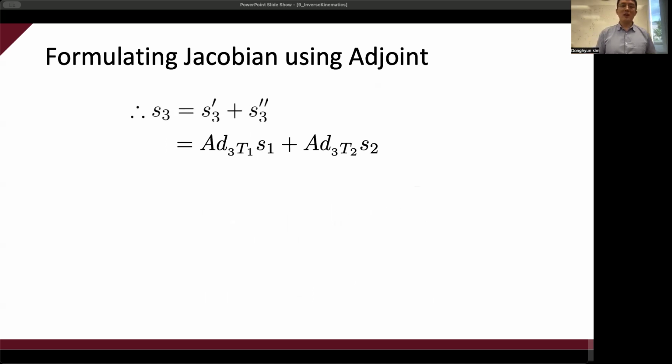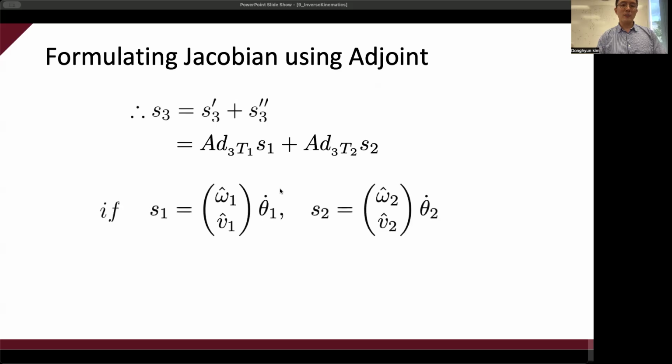Well, now we are almost there. So for the Jacobian, we can use this equation to build it up, because the angular velocity and linear velocity caused by two different joints is just the summation of them. So it's represented in this formula. And S1 is axis times angular velocity. S2 is also axis times angular velocity, the second joint velocity. And I also showed an example of this S1 and S2 in the previous lecture, right?